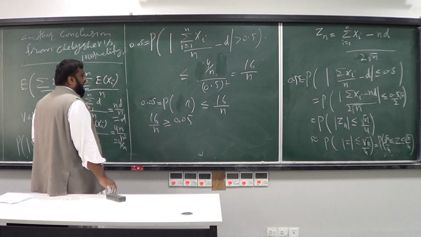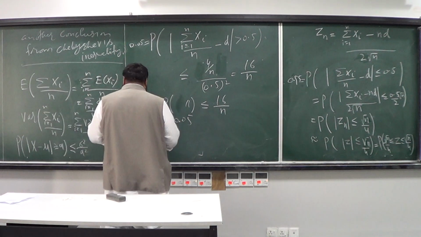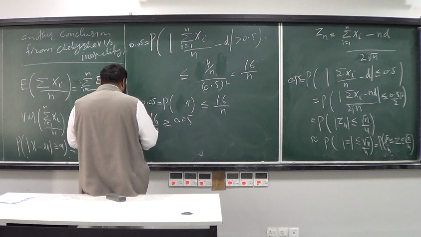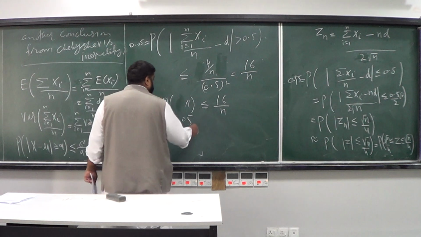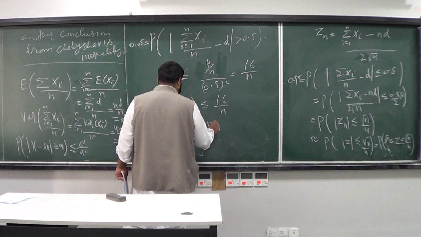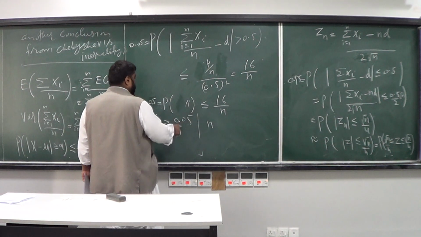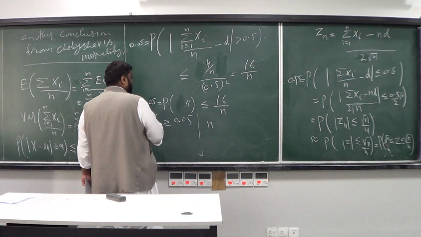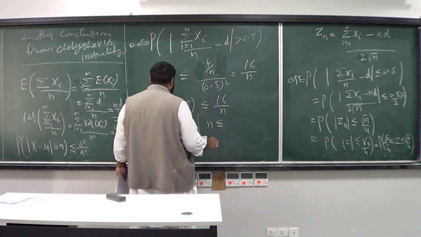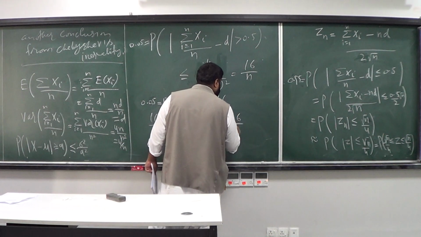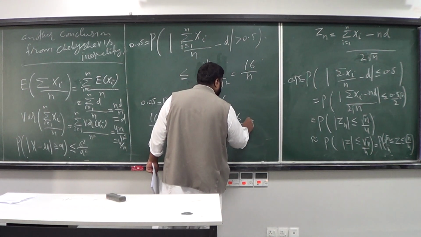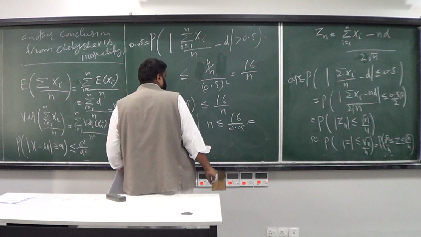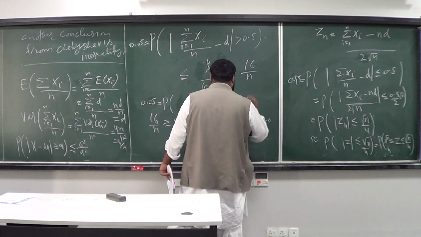If this is the case, then you can deduce that n, if I divide by 0.05, should be greater than or equal to 16 by 0.05, and you can calculate it to be 320.